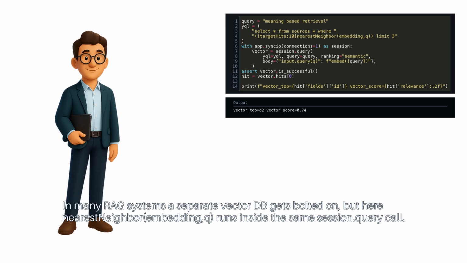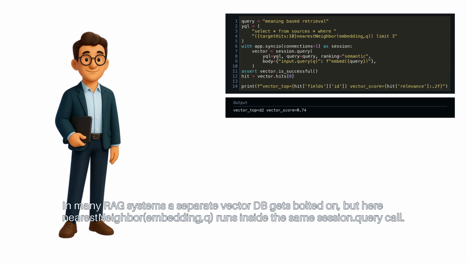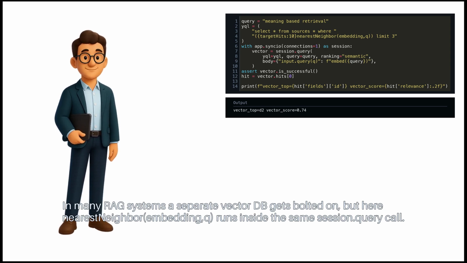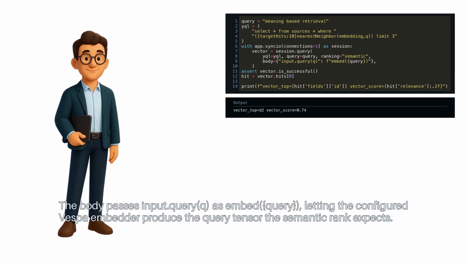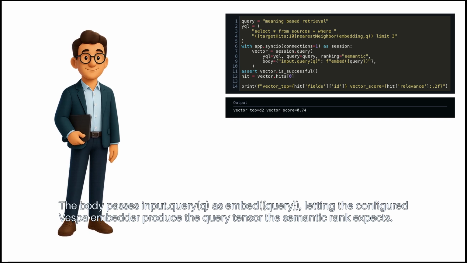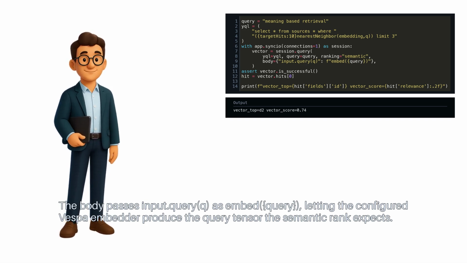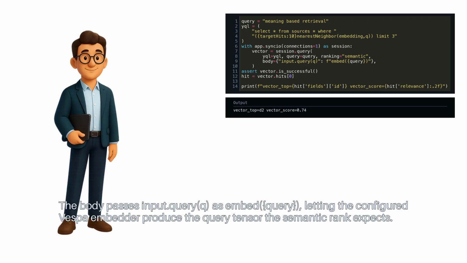In many RAG systems, a separate vector DB gets bolted on, but here, nearestNeighbor embedding Q runs inside the same session query call. The body passes input, query Q as embed query, letting the configured Vespa embedder produce the query tensor the semantic rank expects.